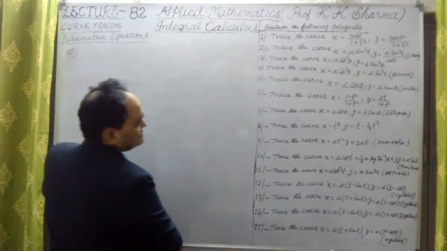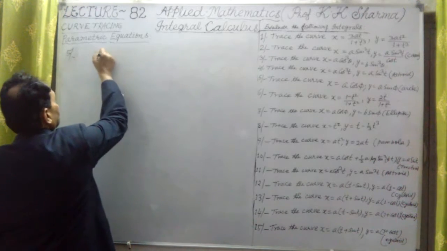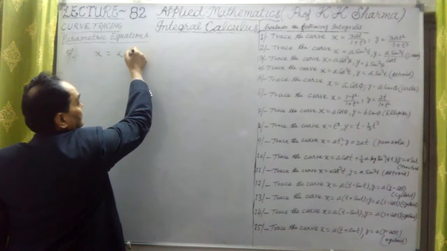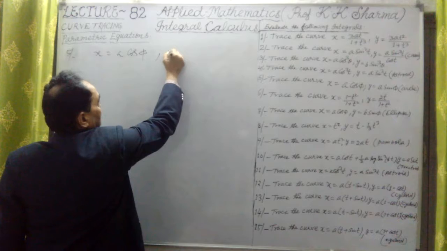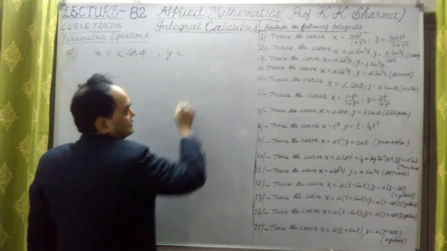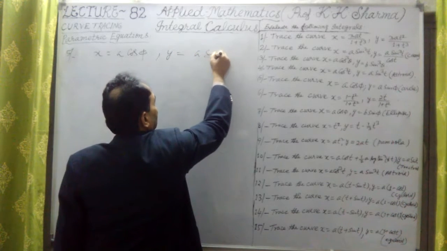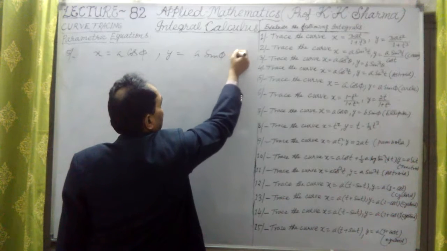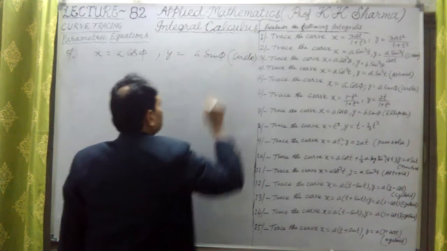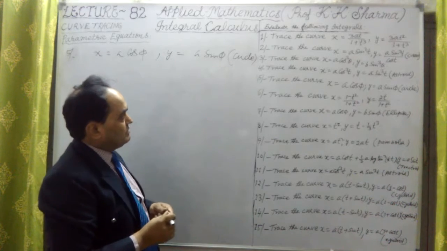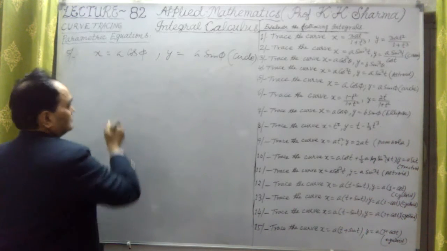It says trace the curve x equal to a cos phi and y is equal to a sin phi. Now this is just the equation of a circle, undoubtedly. It is a simpler question.